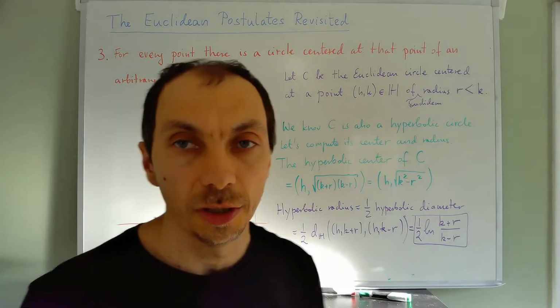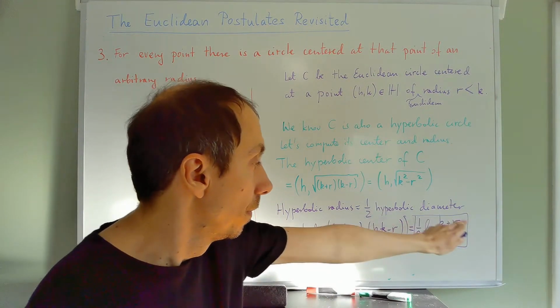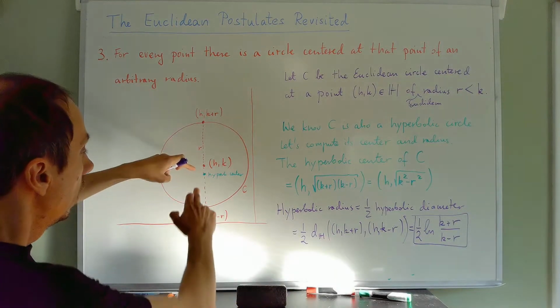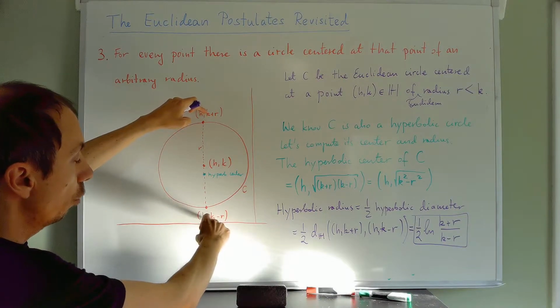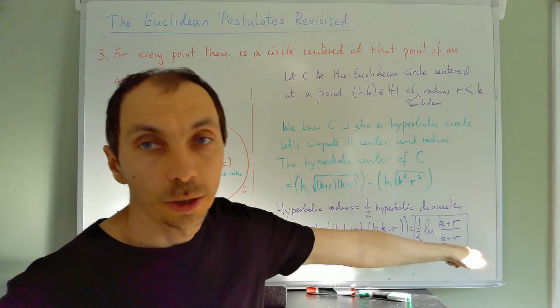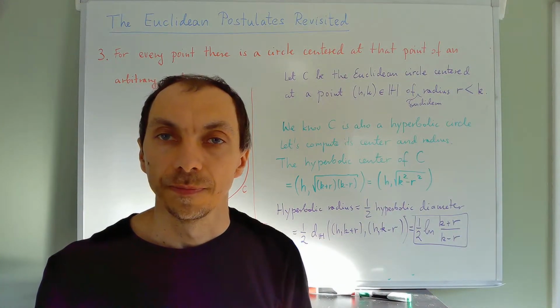The first thing to notice is that if r grows bigger and approaches k, then the bottom goes to infinity, so the radius of the circle goes to infinity.